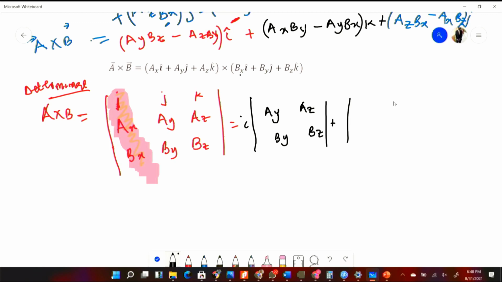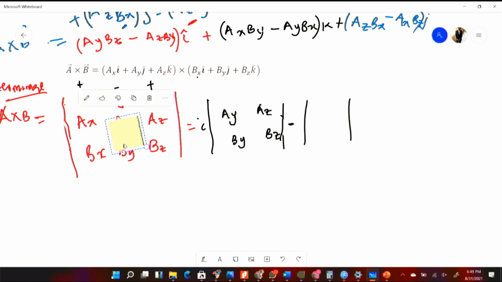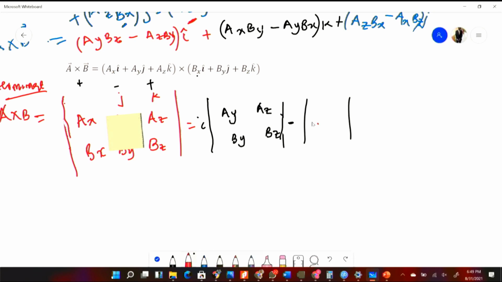Then the next part is, you should understand this is positive, negative, and positive. So for that reason, this one is going to be negative. So we are going to cover this part so that we are left with just what is at the edge. We now have ax and az, then we have bx and bz.